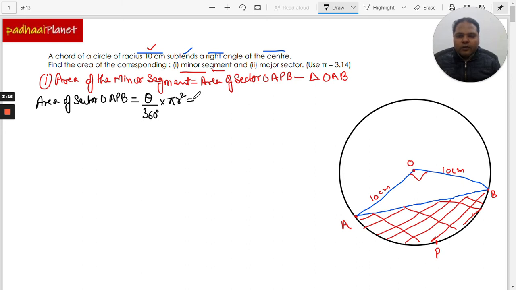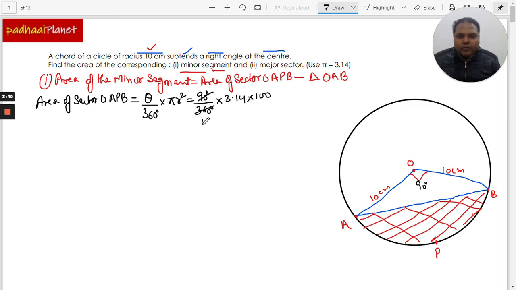Now theta we already know it is 90 degree, because this is the angle which is subtended by the chord. So that is 90 degree divided by 360 degree multiplied by 3.14, that's the value of pi which is given in the question, and r square. So that means square of 10, and that makes it 100.